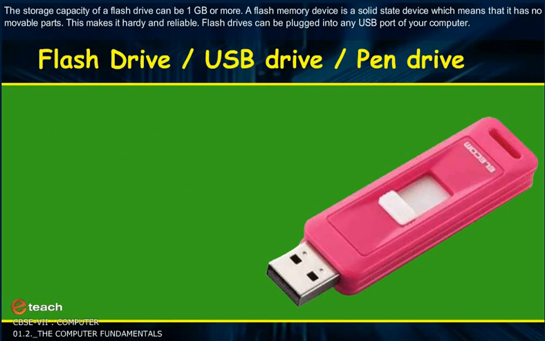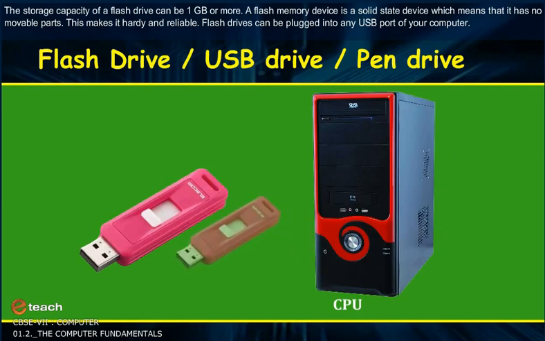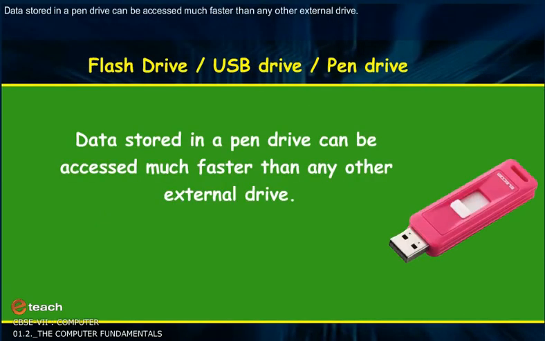A flash memory device is a solid-state device, which means that it has no movable parts. This makes it hardy and reliable. Flash drives can be plugged into any USB port of your computer. Data stored in a pen drive can be accessed much faster than any other external drive.